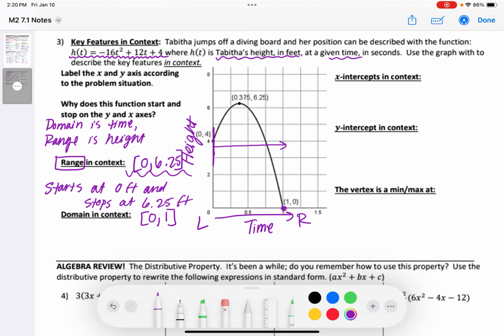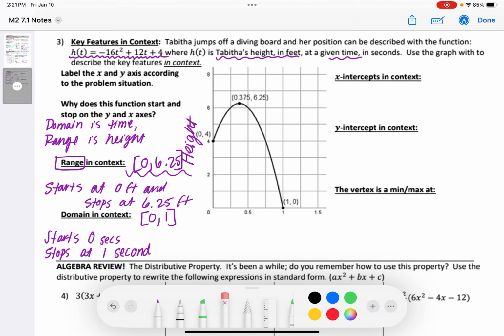So that means when she jumps off of the cliff, she starts at 0 seconds, but by the time she hits the water, she stops at 1 second. That means she's in the air for about 1 second. Wow, not too long. So that is what the domain and range mean in this context.